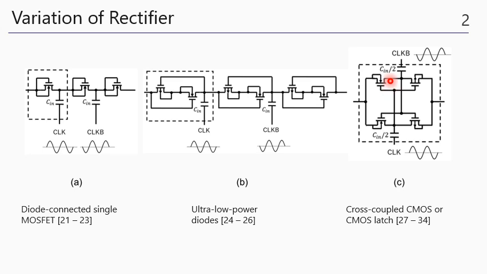This is also a simple latch circuit, so two inverters are connected to one another, and in between, two capacitors are connected. So this composes a unit stage. In this work, we consider three variations of the rectifier.